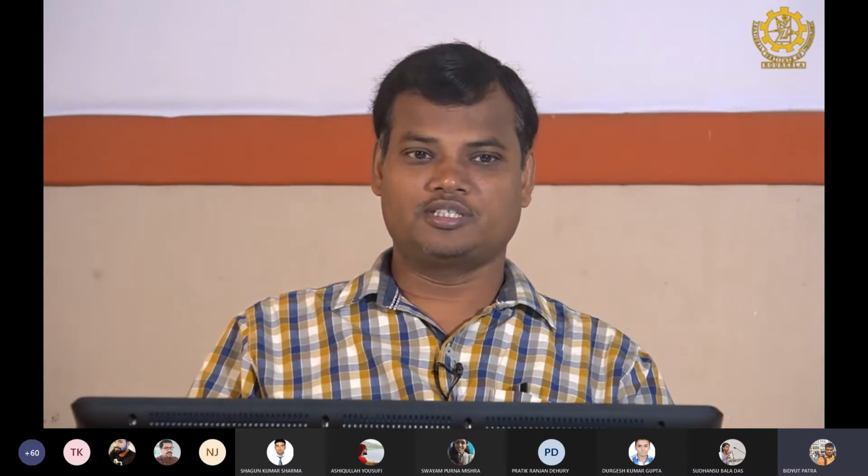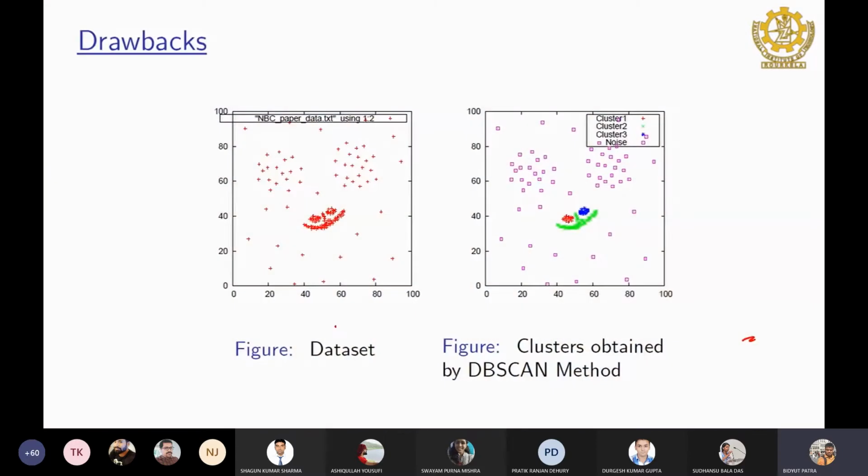But the problem here we can see. This is the data set on the left side. In this data set, you can see some points here, here, and then obviously here, and then there will be a point here.